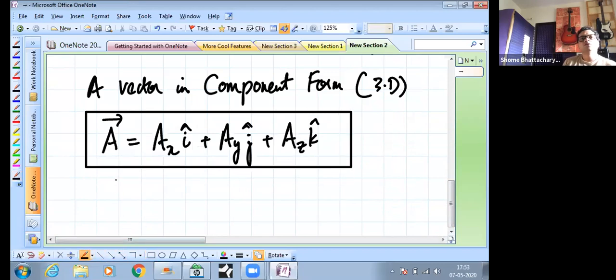This becomes the formula of the vector, or the representation of the vector in three-dimensional component form, where by definition Ax is the x component of the vector.